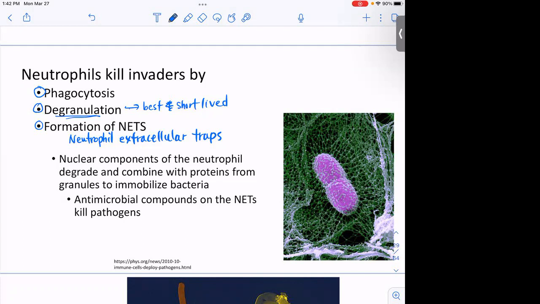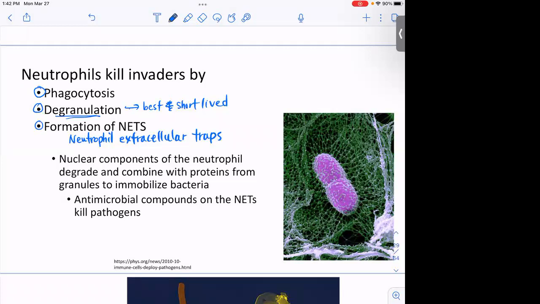They can digest their own DNA, their self-DNA. If you've ever done a mini prep in a lab, DNA can be quite sticky. So they digest their DNA and then basically explode themselves onto pathogens.